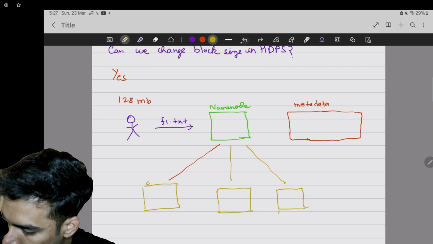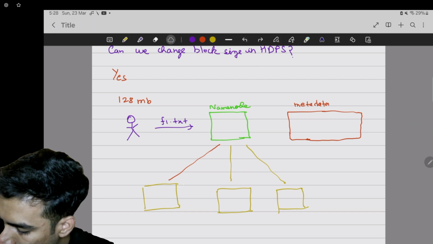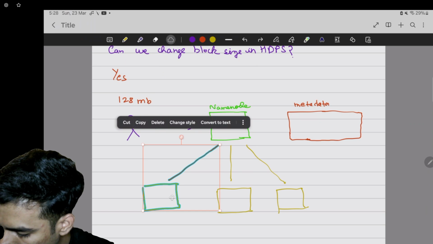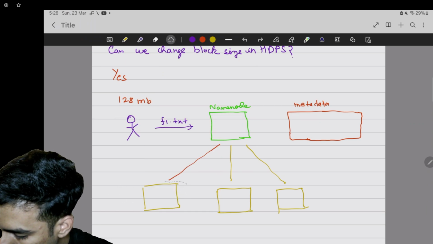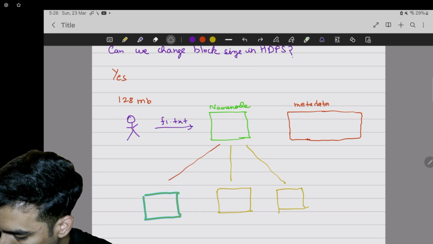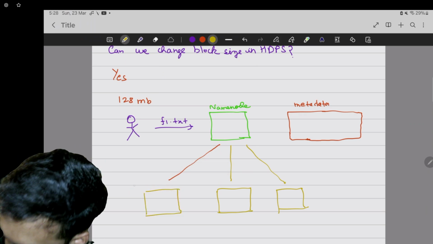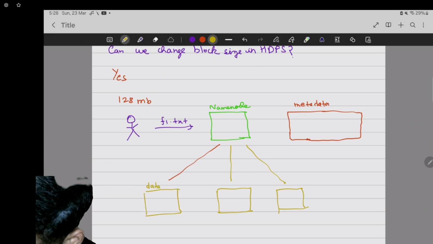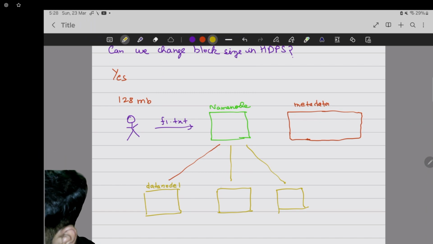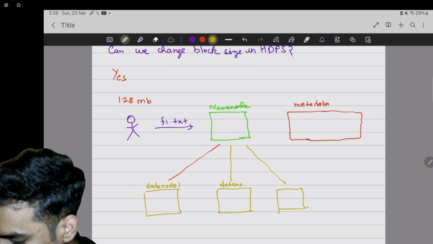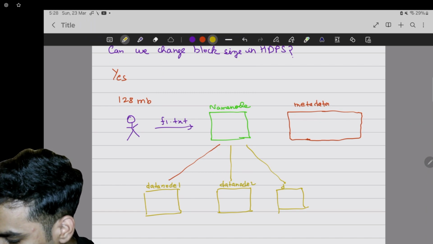Let me bring it down a little bit. I will explain everything to you, just wait a minute. This question needs to be answered because you may face it in your interviews. Let's say this is data node 1, this is data node 2, and this is data node 3.